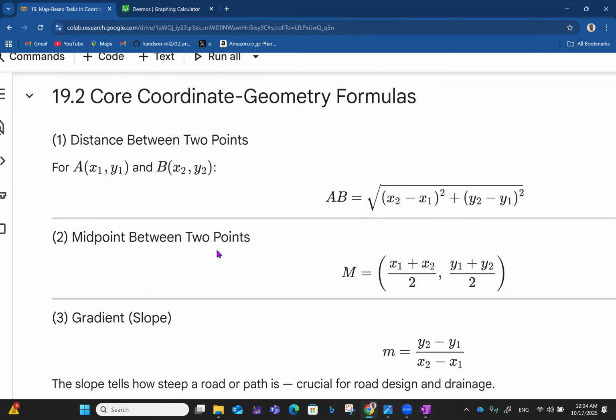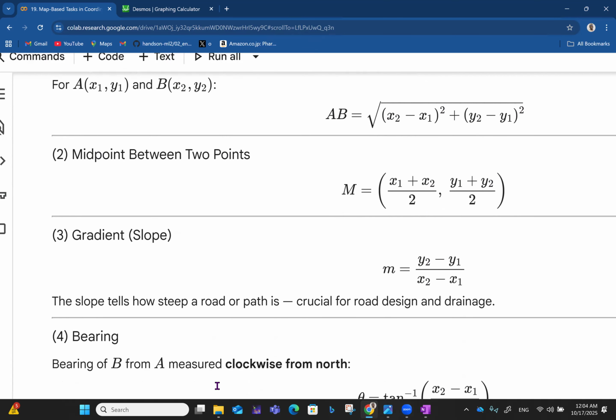Then we have the midpoint, M equals ((x1 plus x2) over 2, (y1 plus y2) over 2). And then we have the gradient, or slope, m, which is equal to (y2 minus y1) over (x2 minus x1). The slope tells how steep a road or path is, which is crucial for road design and drainage.